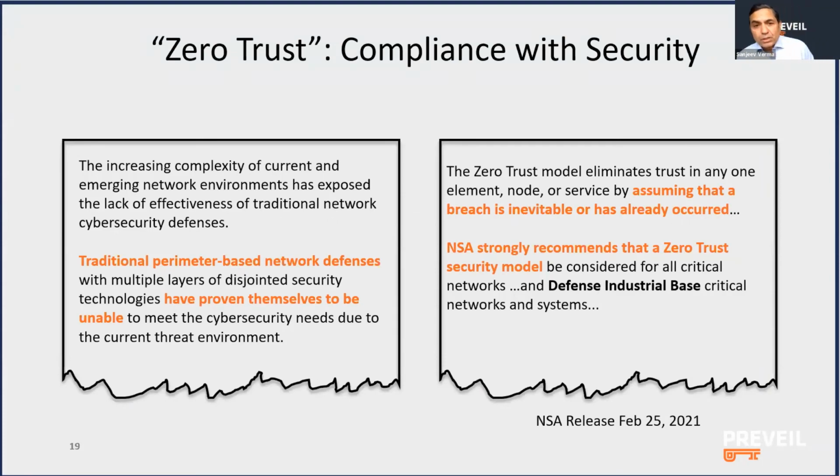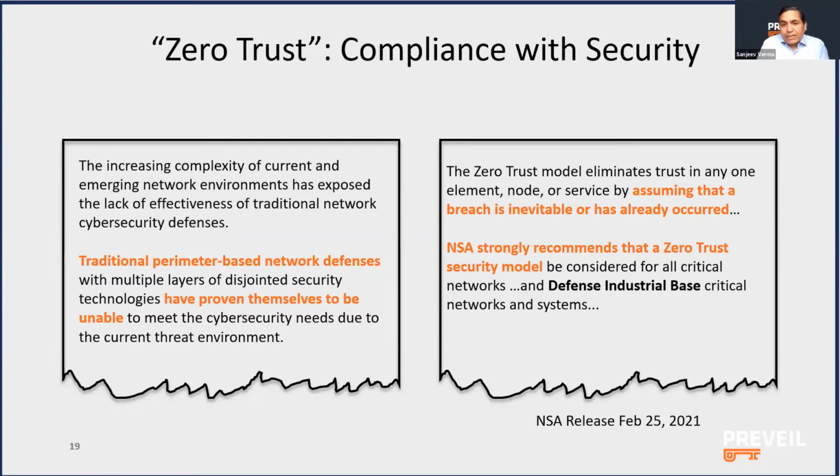So as I mentioned, in the wake of the attacks on SolarWinds, which led to the compromise of emails and files of the head of the Department of Homeland Security and top government agencies, which are without question protected with the best security available, but a legacy security model, the NSA came up with new requirements or recommendations for zero trust. So this is directly from their Feb 25th release.